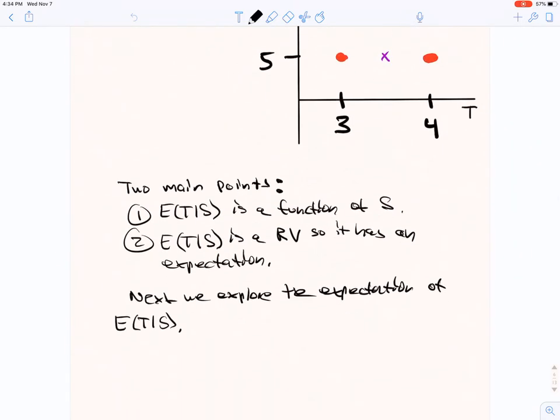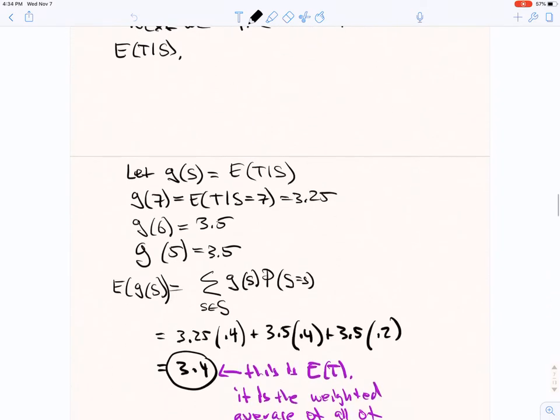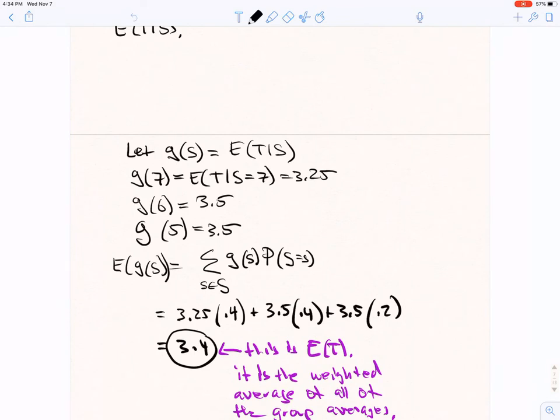But the main point here is that the expectation of T given S is a function of S. The expectation of T given S is a random variable, and so it has an expectation. And so we're going to explore that. So let's write this function of S as g of S. So g of S is the expectation of T given S. So g of 7 is 3.25, g of 6 is 3.5, g of 5 is 3.5, and so on.